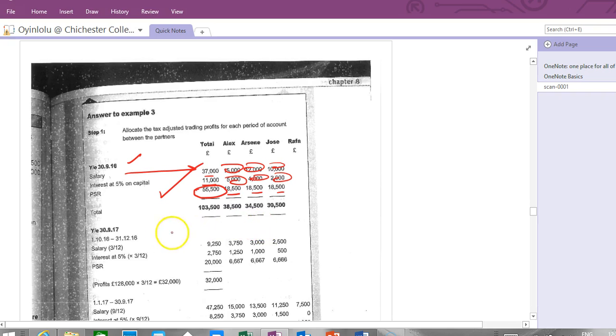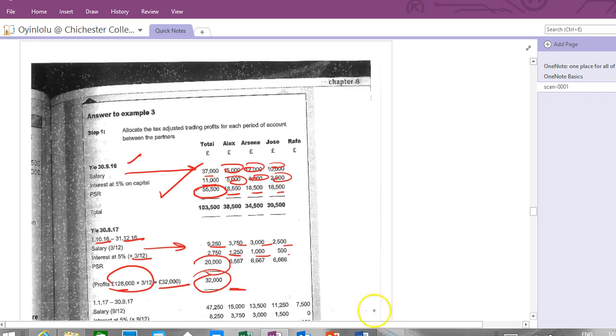So you can see here that it says from the 1st of October to the 31st of December, like I said, 3 over 12, those are the old salaries. Then we have interest as normal, just at 3%, but for 3 months. And then we have the 32,000, because 3 months of 128,000 is 32,000.